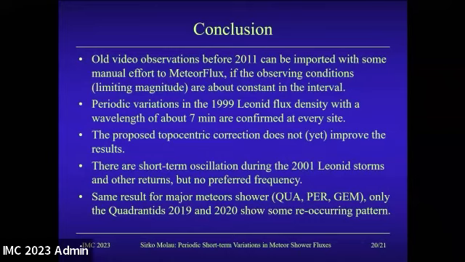And for the other meteor showers, of course, everything is implemented now, so everyone can play with the data. From what I've tested so far with the major showers, it was just the quadrantides in 2019 and 2020, where we had a clear sign of periodicity of similar frequencies in these 2 years. But otherwise, so far, I didn't find anything. And that's it.